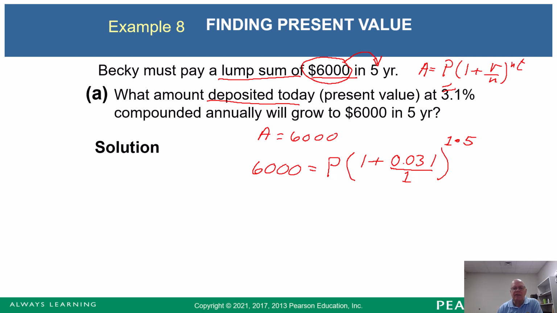You could write this as 6,000 equals P times 1.031 to the 5th power. Take 1.031 to the 5th power, divide it in both sides, and you get P. Or you can do it all at one time. I dare you to do this.